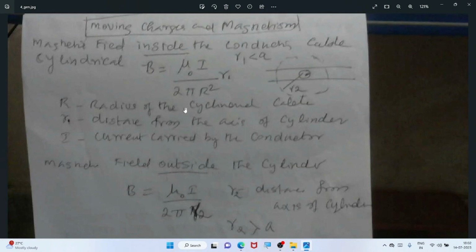Here a is the radius of the cylinder, that is the cross section of this cable, and r is the distance from the center of the cable, the radius of that circle, and I is the current carried. Now if you take some point outside this cable, what is the magnetic field? It is mu I by 2 pi r, where r is the distance from the center to that point.